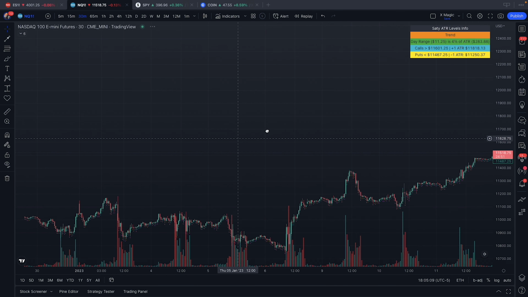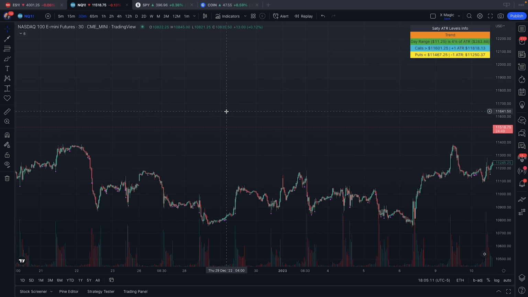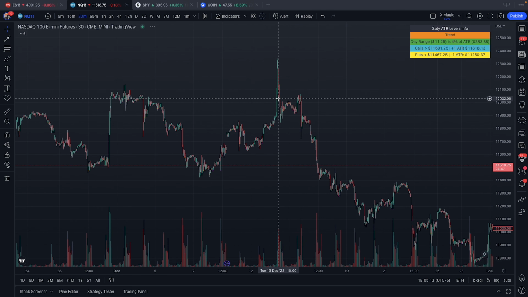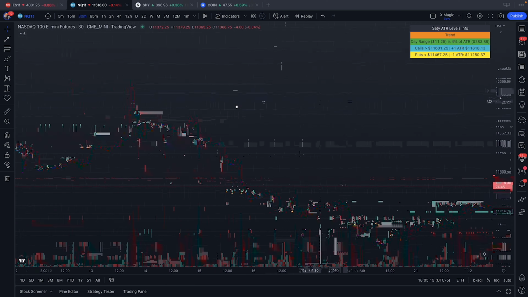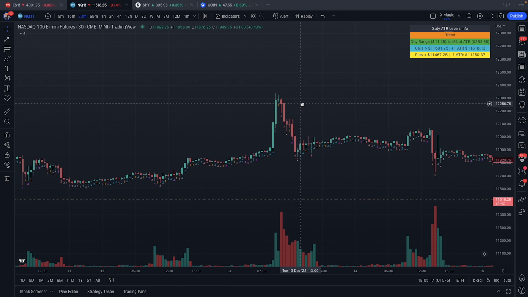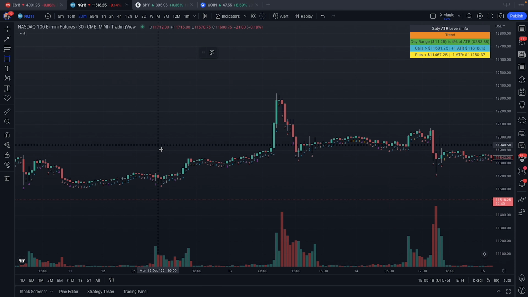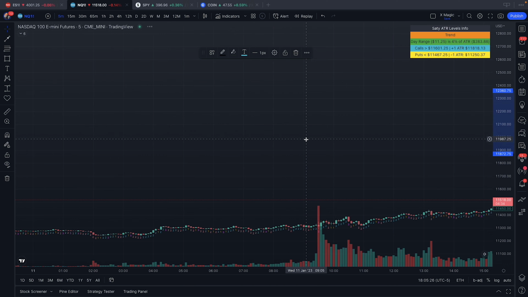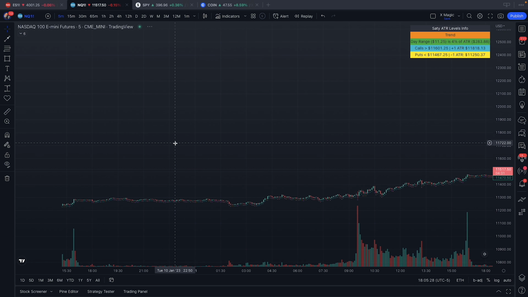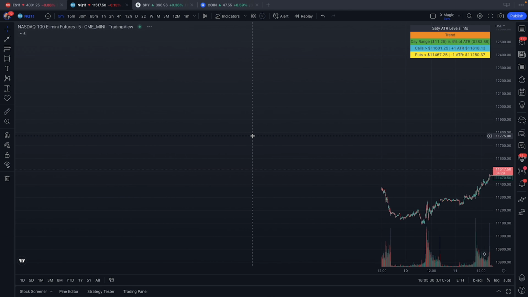So what I like to do is go back to the last CPI data and reference the move from before, which was on December 13th, if I recall. Let's see, yep, December 13th. So let me just highlight this because TradingView likes to reset the charts and make it annoying. All right, let's go on the 5 minute. Yeah, now I gotta go all the way back.